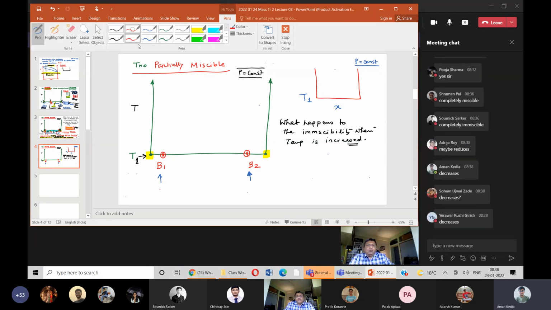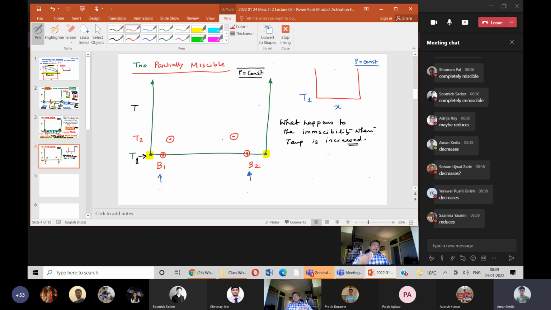So let's say now instead of T1, you are looking at a slightly higher temperature. It is likely that the range of immiscibility reduces. Immiscibility decreases means that the range of immiscibility reduces.